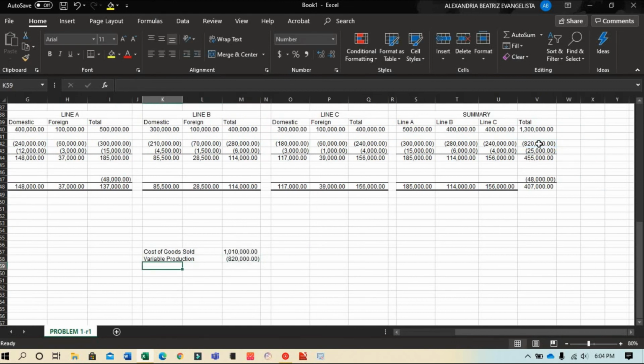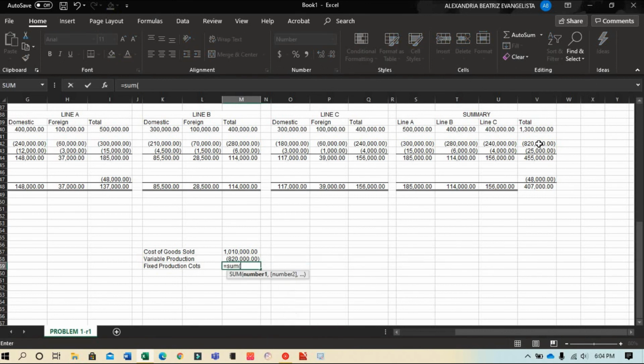And then we're left with the fixed production cost, which is $190,000.